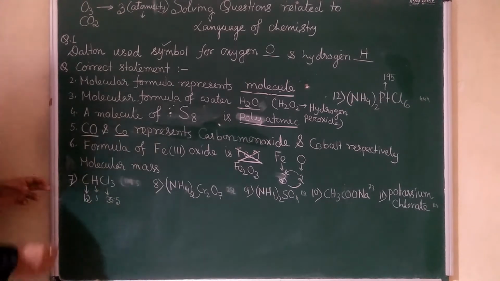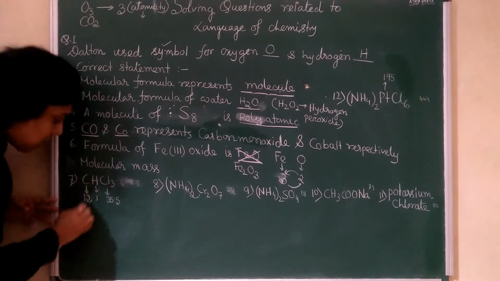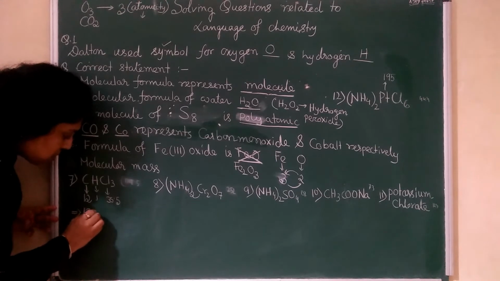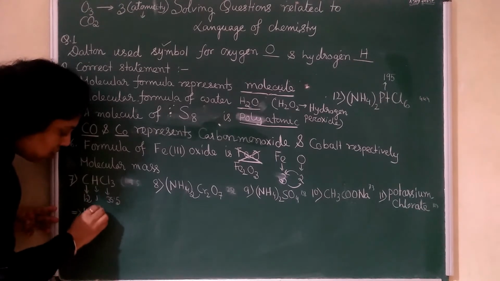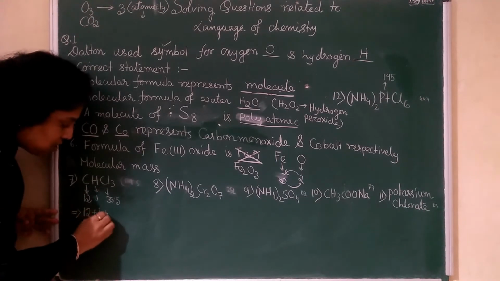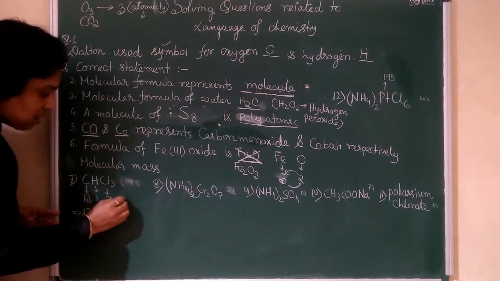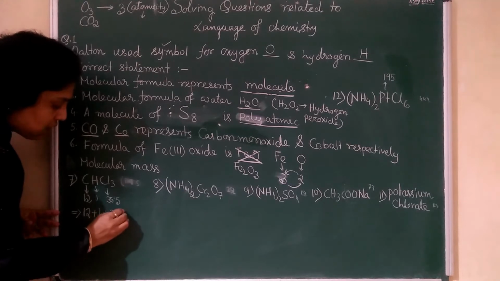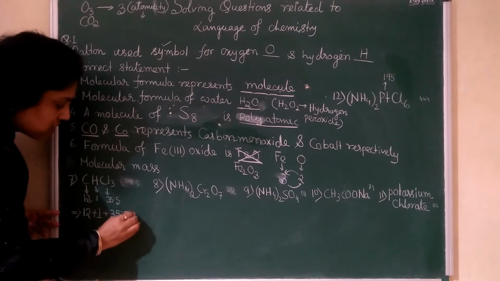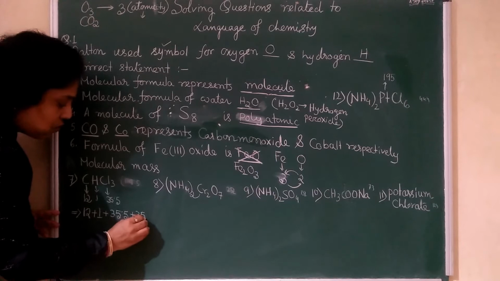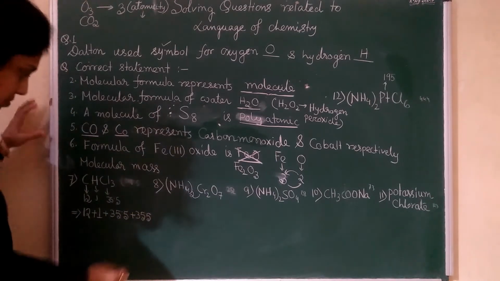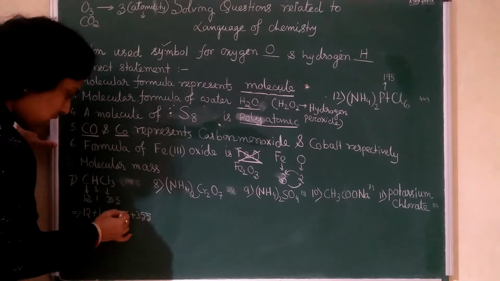So how will you write? First you write 12 plus how many hydrogen? 1 means 1 only, atomic mass also 1. Plus 35.5 three times, or you can write 35.5 three times. You know why? Because some children make mistakes.